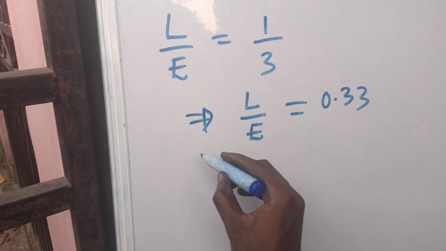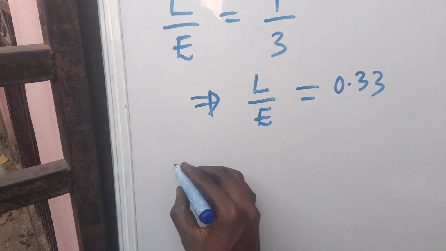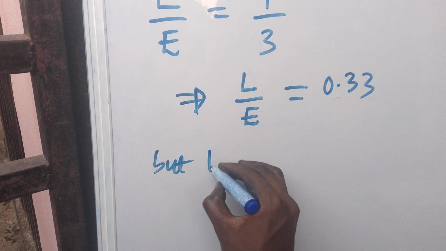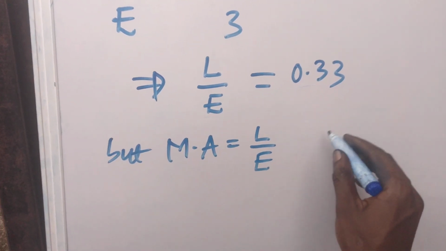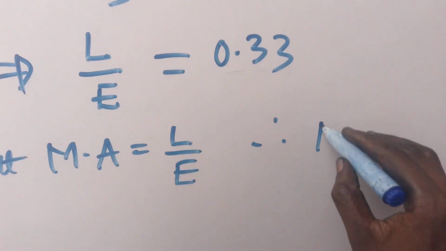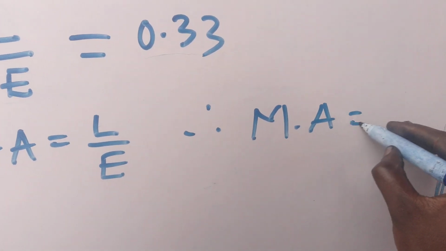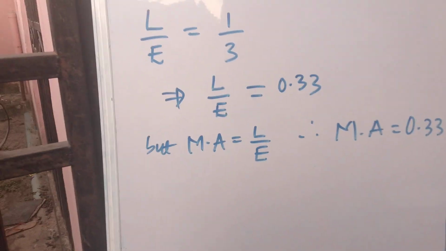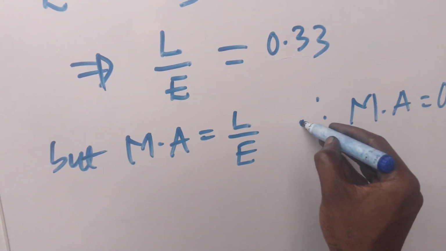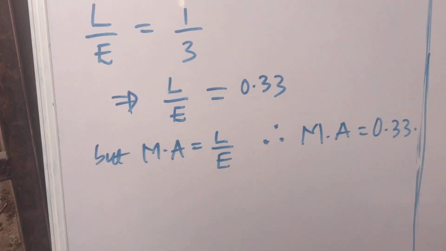Mechanical advantage is equal to load over effort. Therefore the mechanical advantage is 0.33. This is for option A.